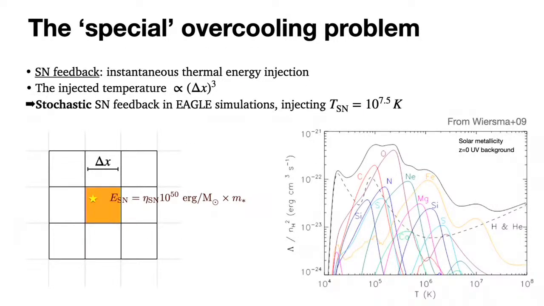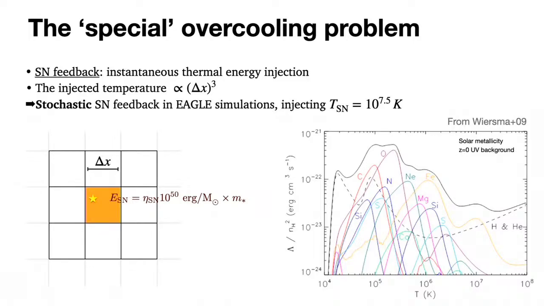There are two ways to express that. If you take your cell, which has a certain width, which is typically, say, a kiloparsec or something like that, and you dump 10^51 ergs into that cell, then the temperature is going to scale with the width of the cell.